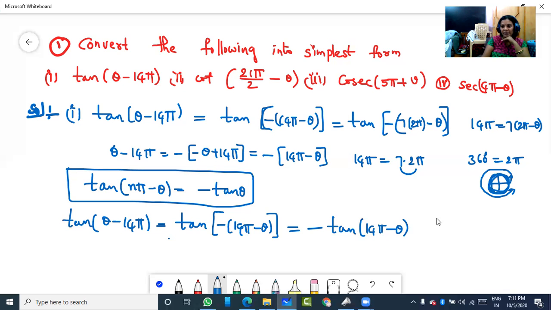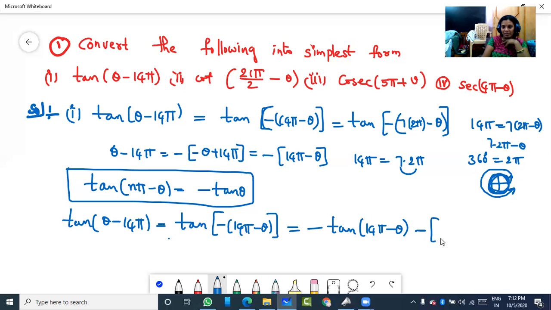That is nothing but, 14 pi means it goes to the 4th quadrant. Why? Because 7 into 2 pi minus theta: 6 rotations are completed, and in the 7th rotation it goes to the 4th quadrant. In the 4th quadrant, tan is negative.